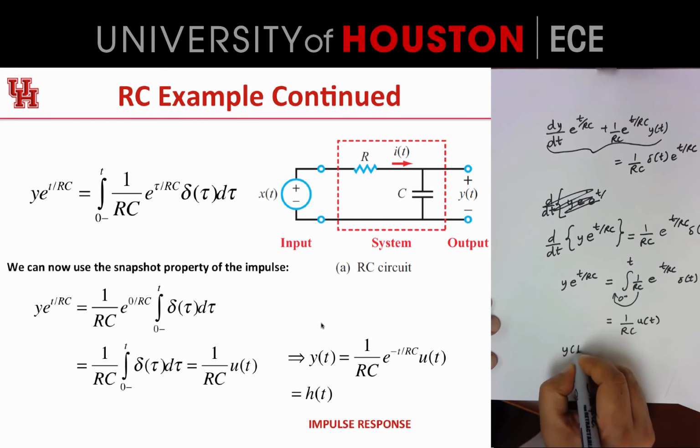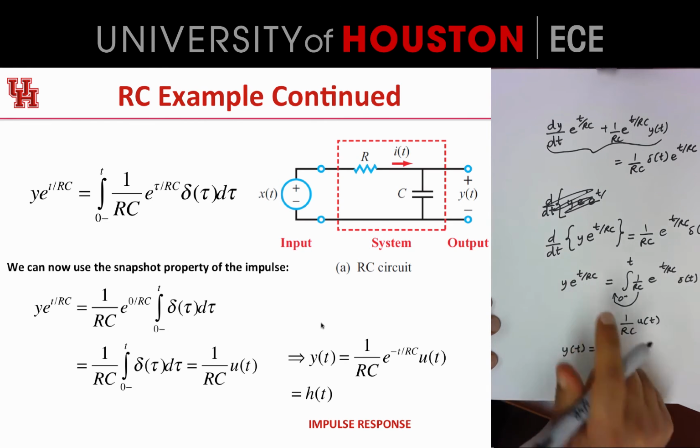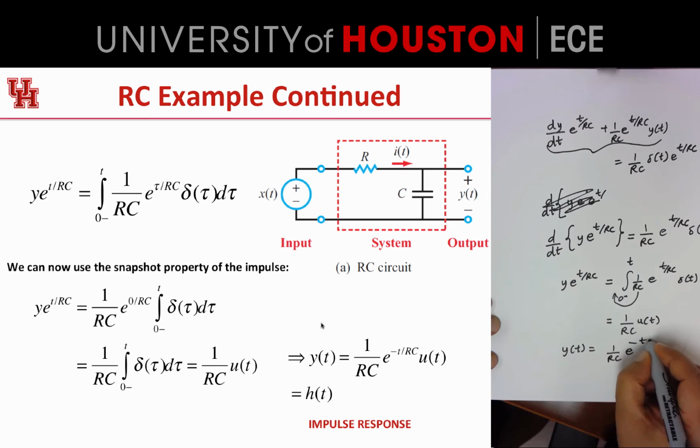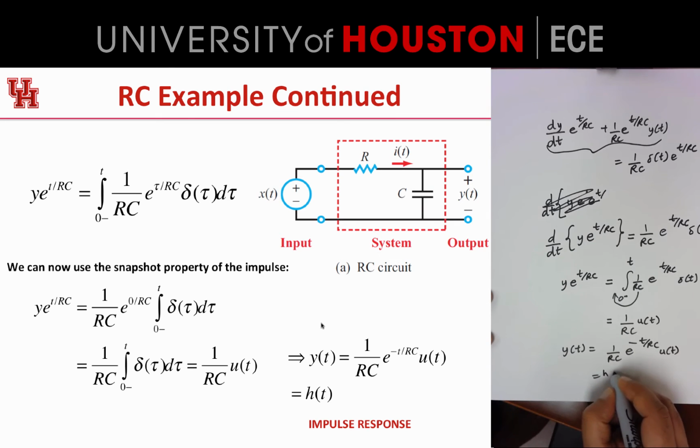So y of t, if I take e to the t over RC to the right hand side, I get 1 over RC e to the minus t over RC u of t. This is the impulse response of this system.